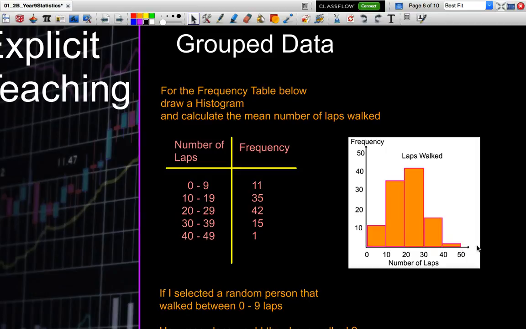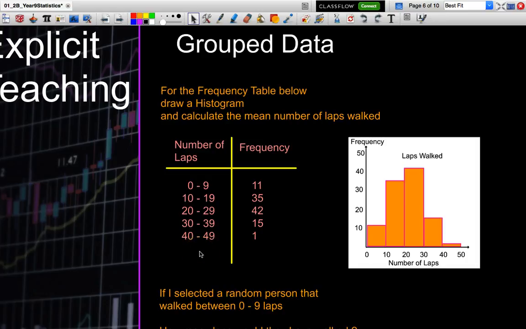Now, the trick to working with group data is actually to look at calculating the mean for each particular category, or for each particular row in the column here. So, for instance, there's one person here, and I know that they walked somewhere between 40 and 49 laps.